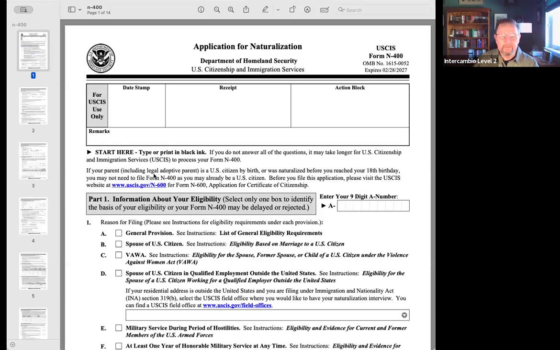If a parent, even if that is a legal adopted parent, is a US citizen by birth or was naturalized before you turned 18 years old, maybe you don't need to be filling this out. You need to confer with an attorney if that's the case, or go to uscis.gov/n600, not 400, 600, and look at that.